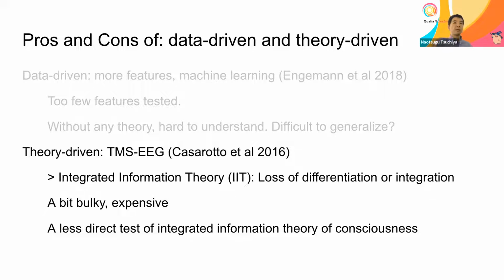TMS and EEG are not really friendly for cheap devices at the moment for any hospital, so it's a bit difficult to implement across states, for example. And also, TMS-EEG is a measure inspired by IIT, but it's not a direct test or direct measure of the integrated information predicted by this theory per se. So there is some approximation, a proxy nature, to this measure.